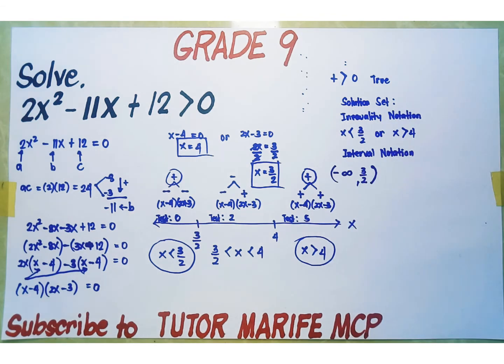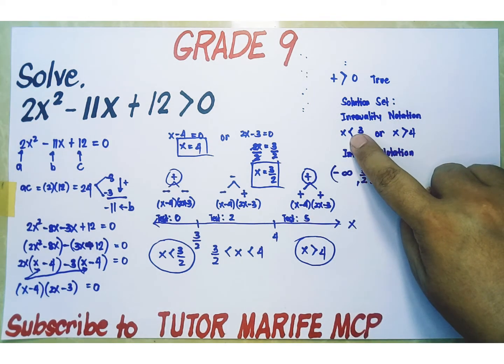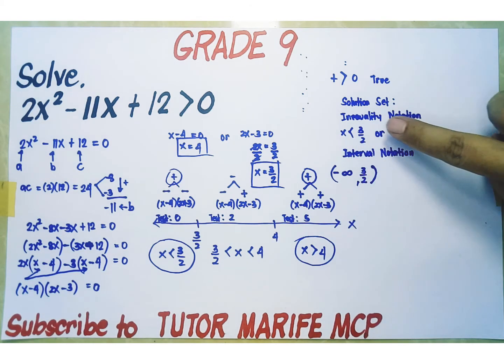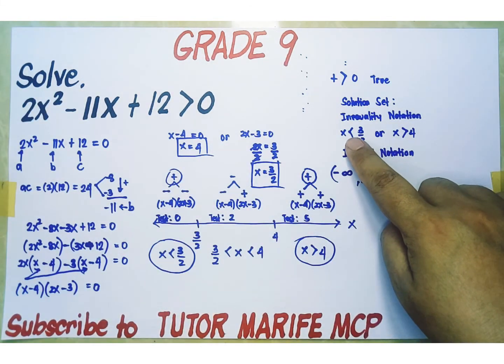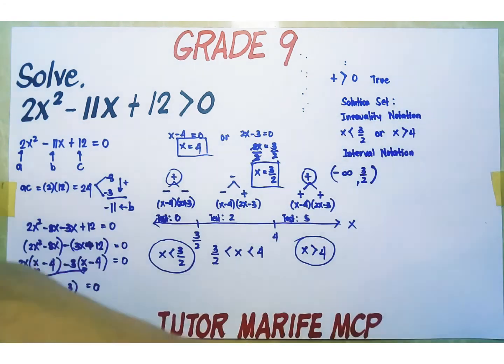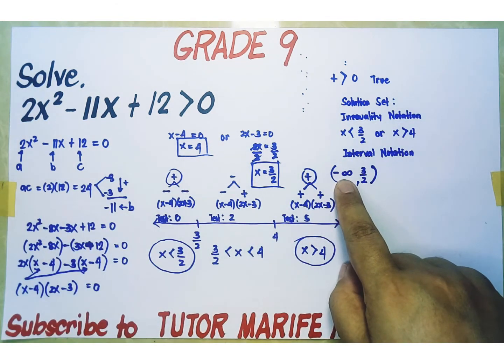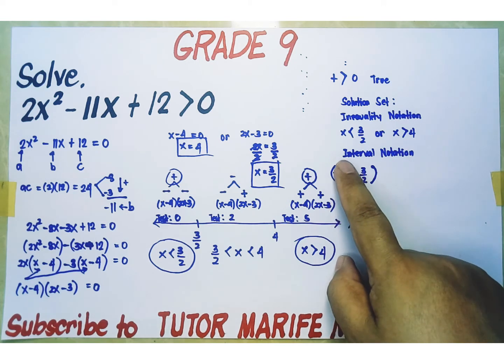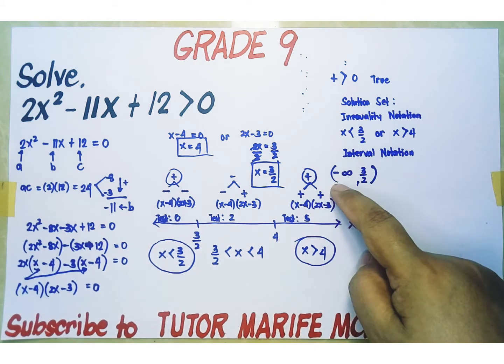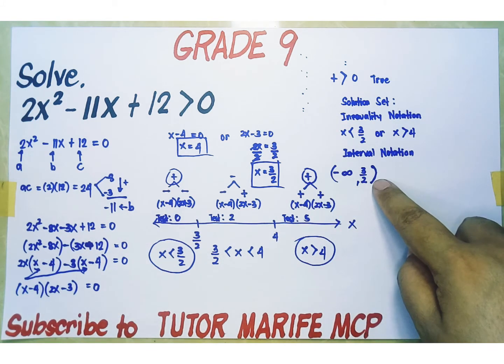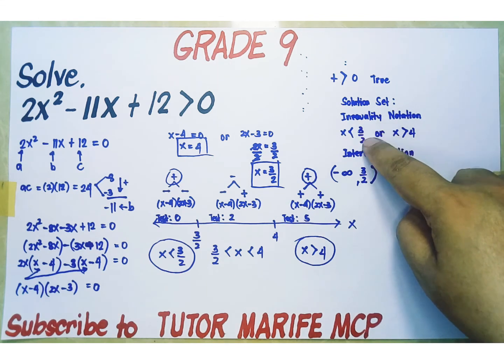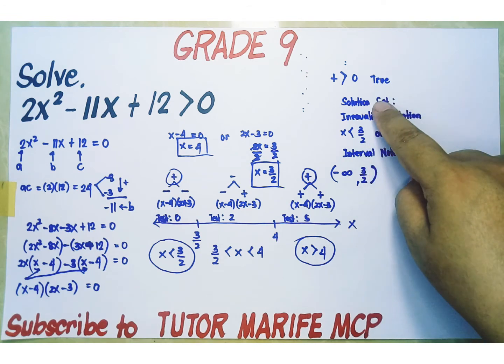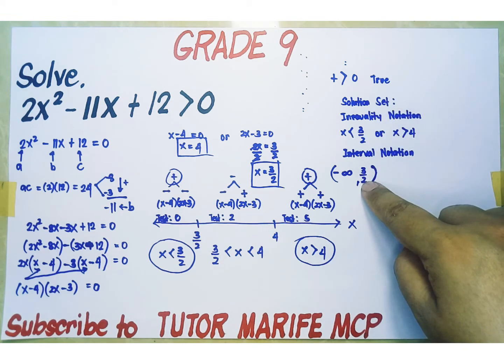This looks like the arrowhead pointing to the left, and this means all real numbers endless to the left. So we use the negative infinity. Okay? And the negative infinity always comes with parentheses. This is parentheses because it indicates that 3 halves is not included in the solution set. Okay?